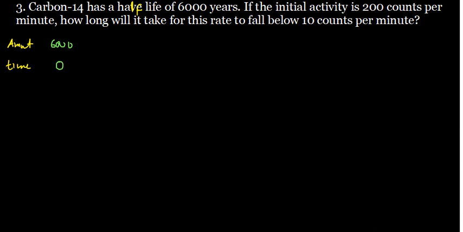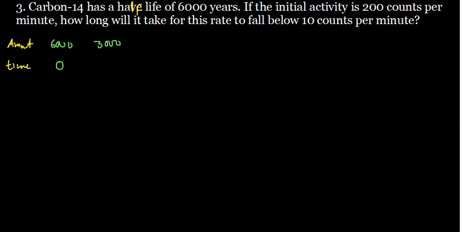So when this is divided by 2, remember half-life you divide by 2, what answer are we going to get? If you divide this by 2, what are you going to get? 3,000. Now look at the half-life. The half-life is what?